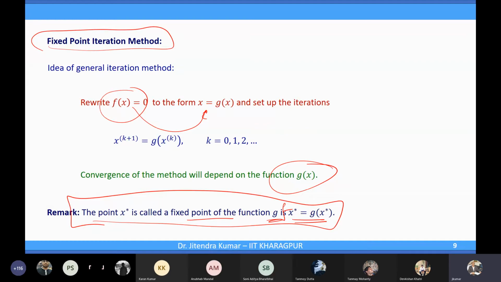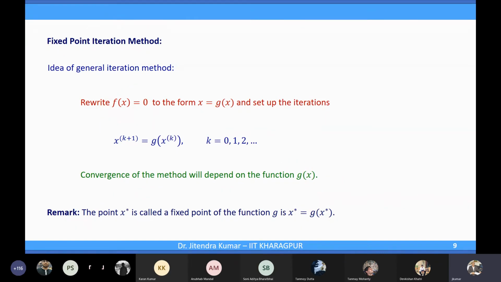That is the definition of the fixed point, and this is based on the criterion that f(x) equal to 0 you are splitting into x is equal to g(x). So x is a fixed point of g.